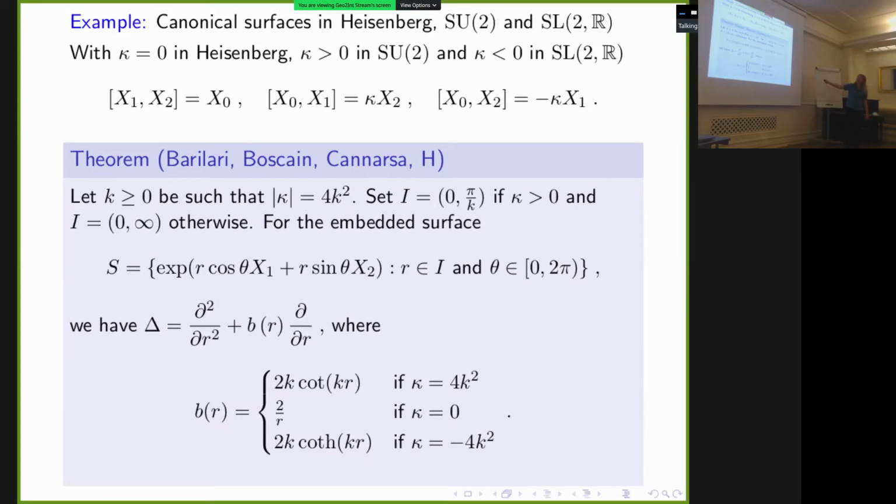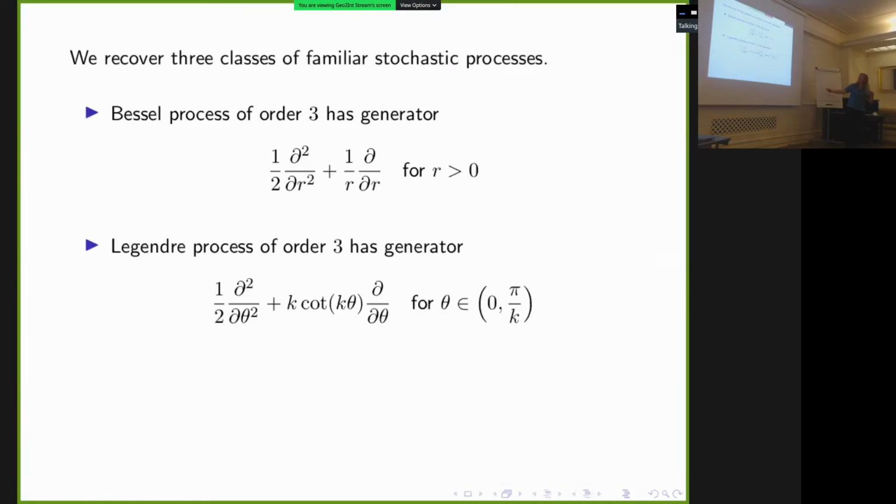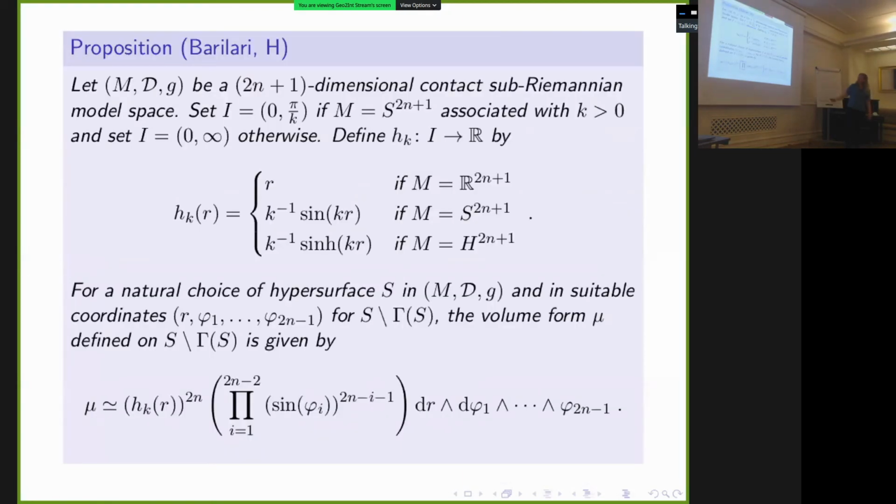We think of SU2, which is the same as S3, as the positive curvature space, and SL2R as the negative curvature space. And here it's also important that SL2R can be thought of as a particular hyperboloid. So the takeaway is: you've got a Euclidean space with a contact structure, a sphere with a contact structure, and a hyperboloid with a contact structure. We want to play exactly the same game, and this can be done.